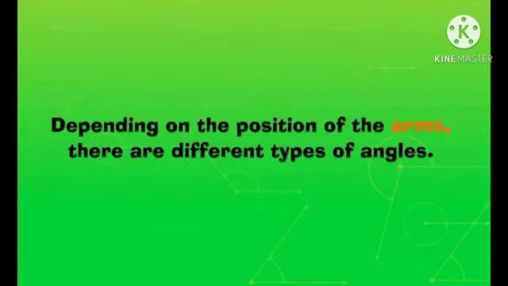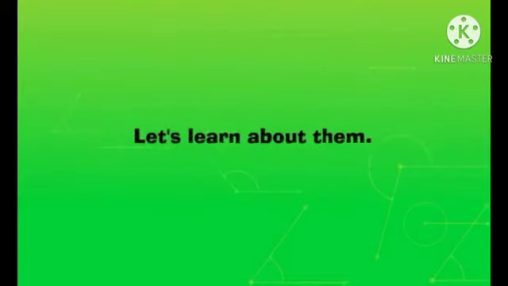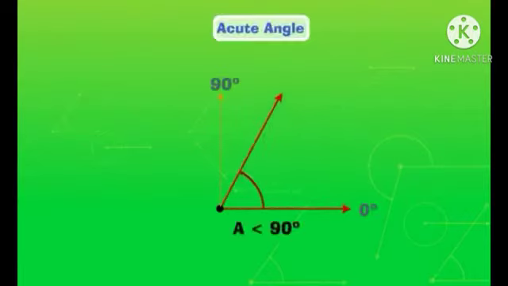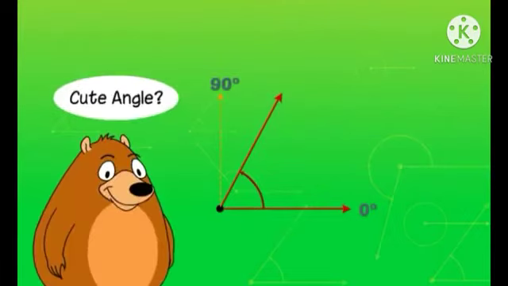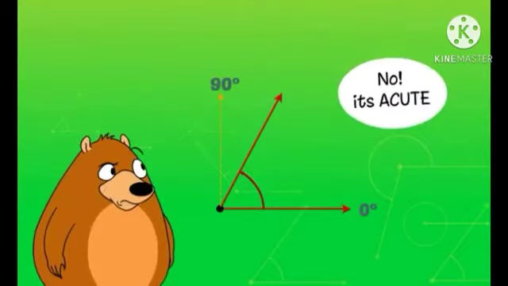Depending on the position of the arms, there are different types of angles. Let us learn about them. An angle whose measure is more than 0 degrees and less than 90 degrees is called an acute angle. Acute angles are smaller than other angles.